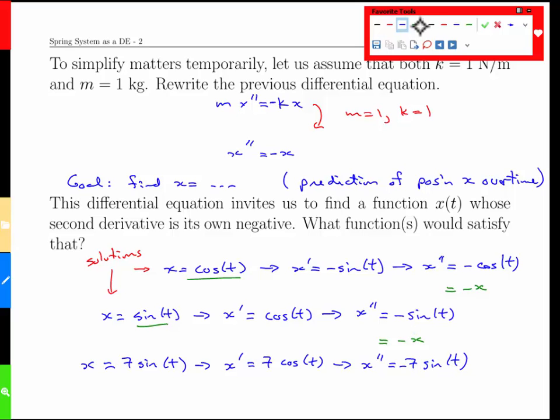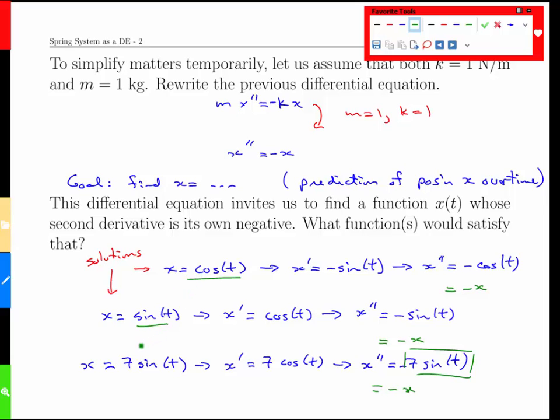But once again, if we gather this part, we see that we get negative x. So cos of t satisfies the equation, sine of t does, 7 sine of t does, and now we have an open question: are there any other solutions we should be looking for besides these?